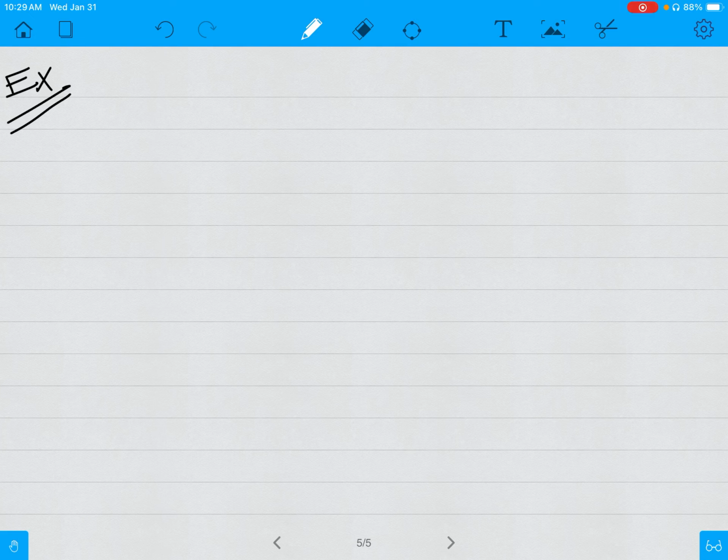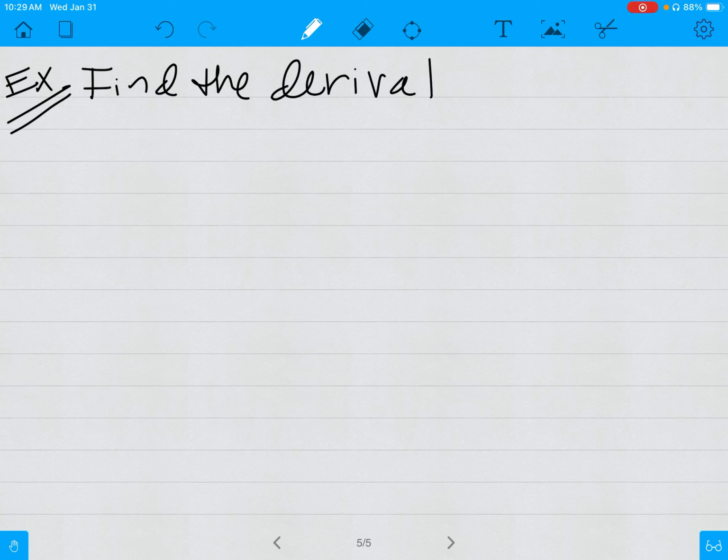Let's take a look at finding the derivative of, let's say, f of x equals 1 over x. We'll look at a rational function.